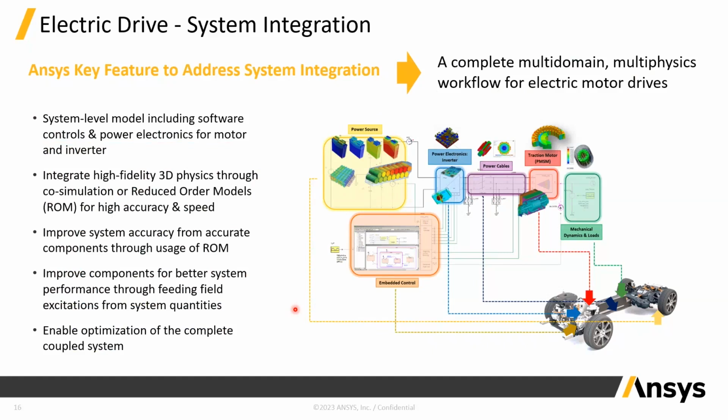And here we are talking about the traction motor or any other electromechanical electrical component, to be able to integrate this high fidelity 2D or 3D physics through equivalent circuit or reduced order models for high accuracy and speed.